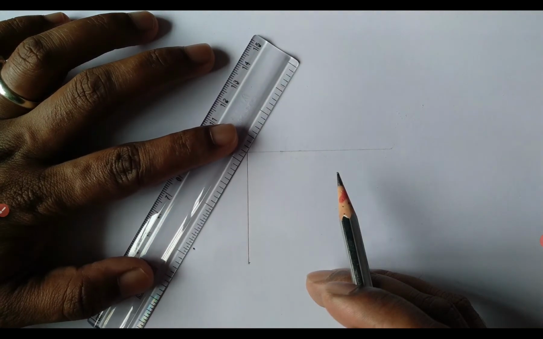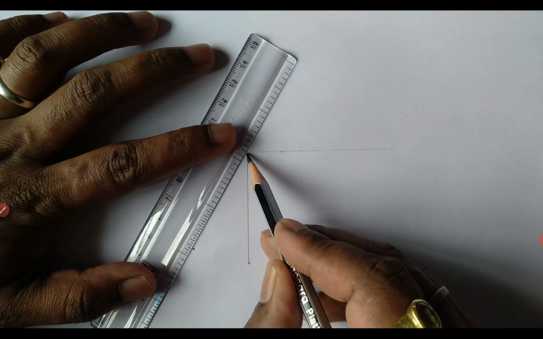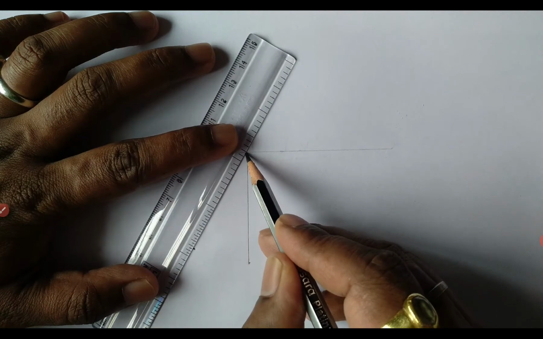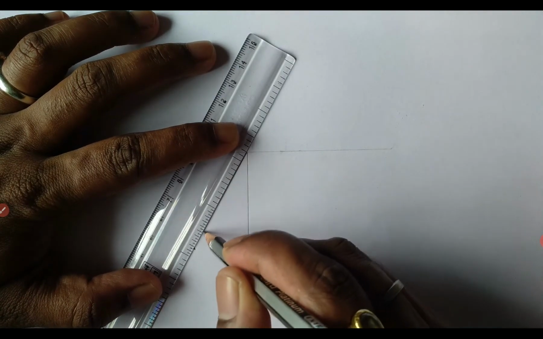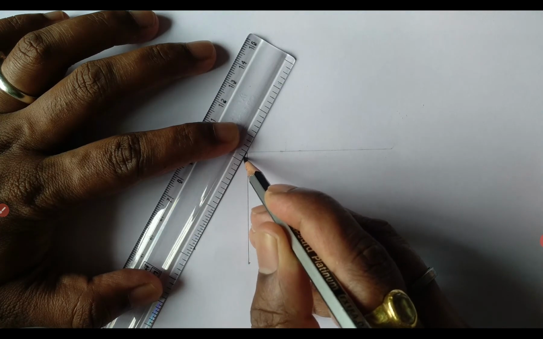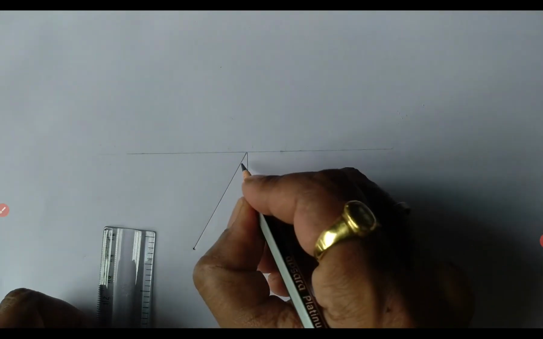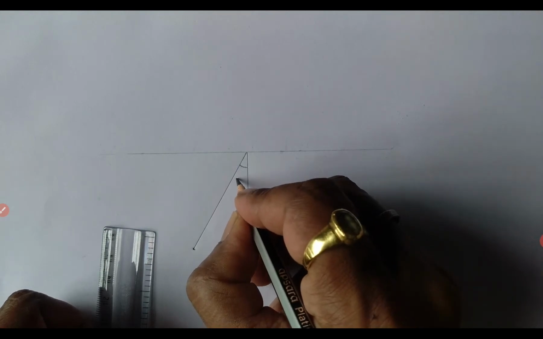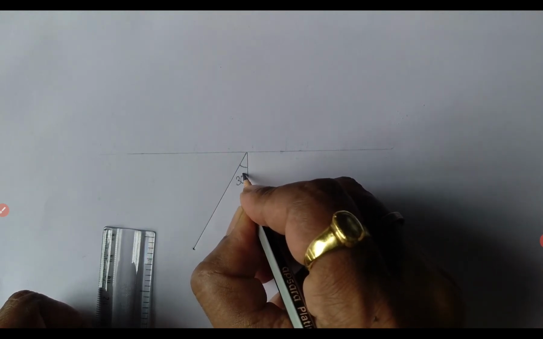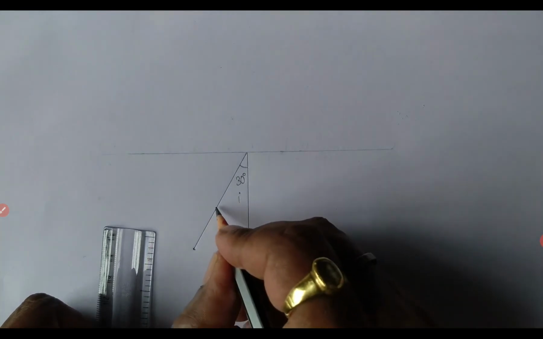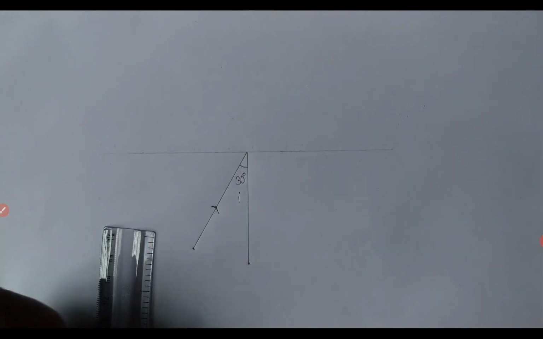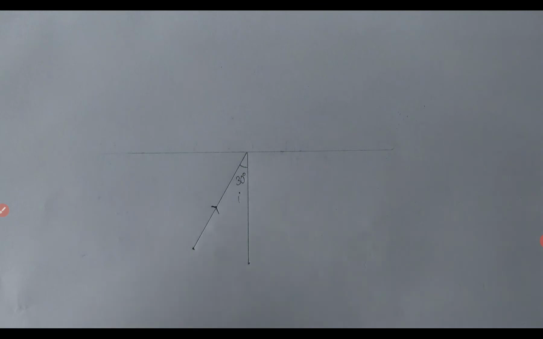So I shall get a ray which can represent my incident ray. Here my angle of incidence is 30 degree. I can put an arrow. Okay, so my incident ray is ready.